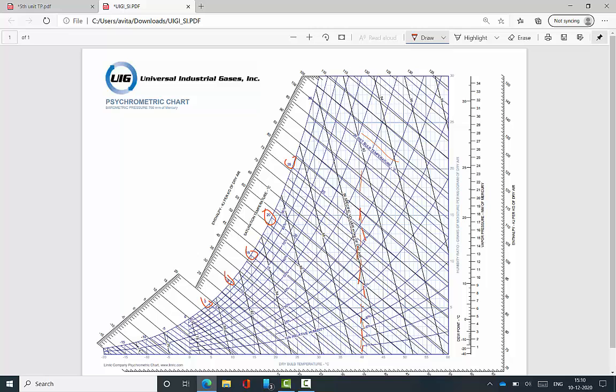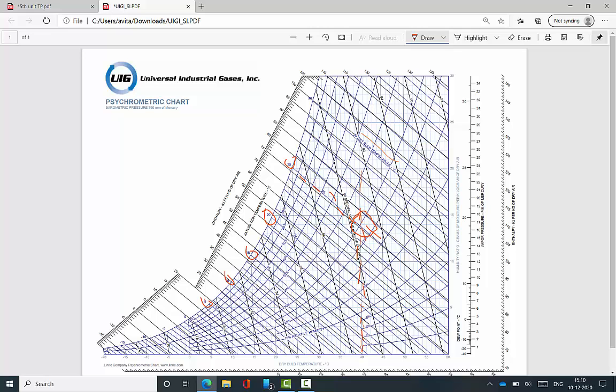Therefore, from 25, I draw the line parallel to the inclined line. A horizontal line is wrong, because the wet bulb line is an inclined line. Therefore, if you follow the inclined line and intersect the vertical line from the 40°C dry bulb temperature, we get one intersection point, which is our required point.